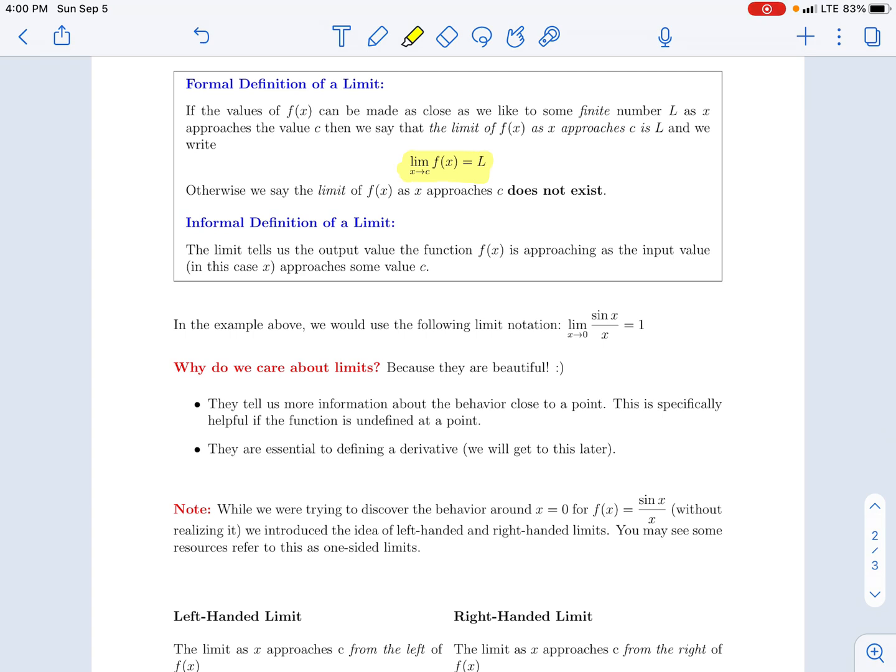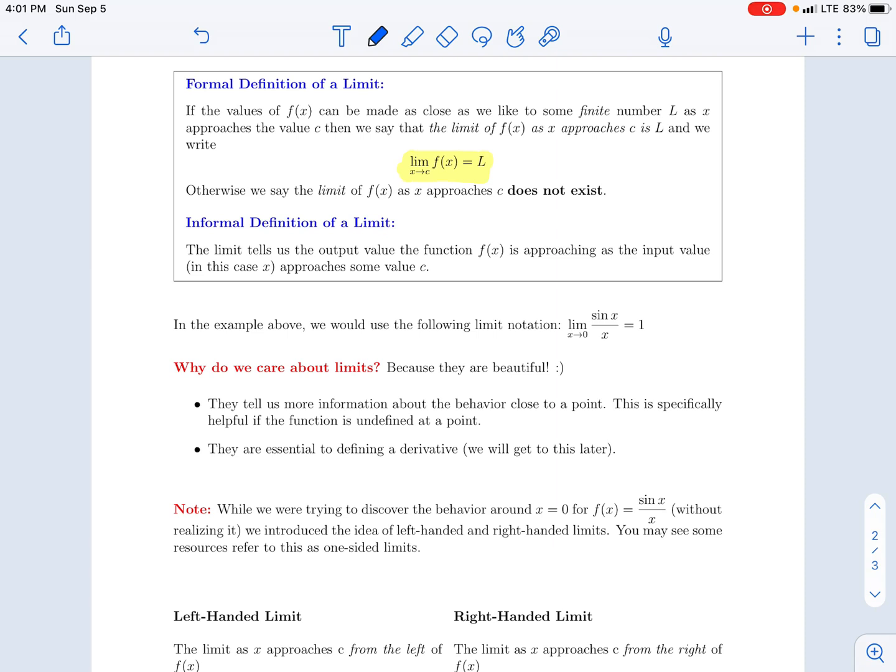Okay, so I know that's a lot of very complicated words, but let's talk more informally about what this means. What it really means is the limit just tells us the output value the function f is approaching as the input value, in this case x, approaches some value c.